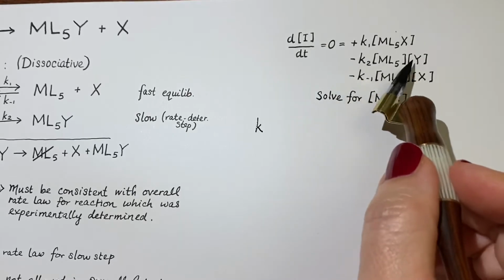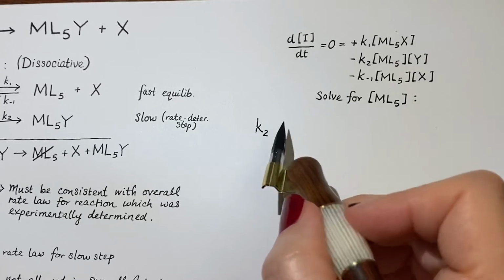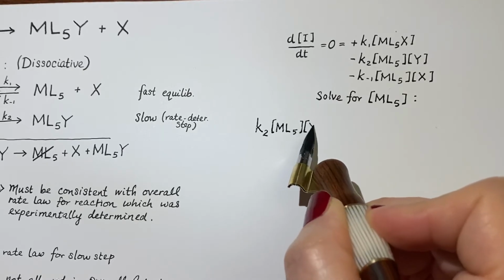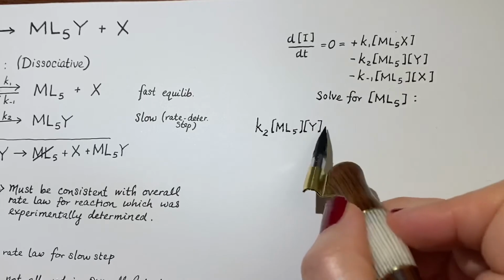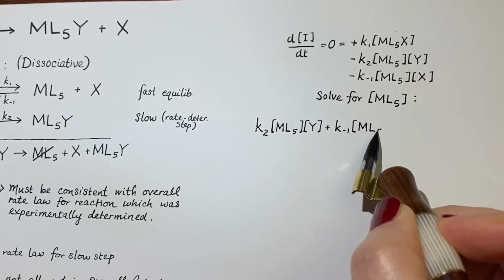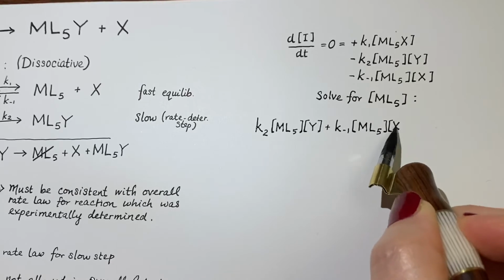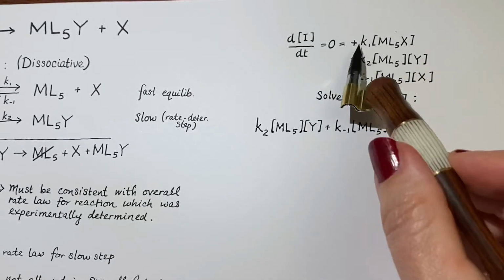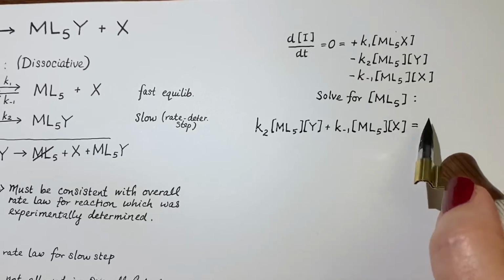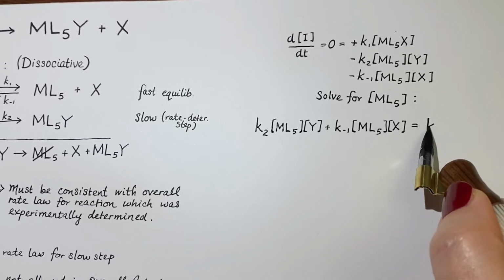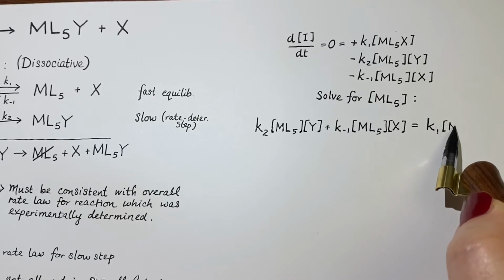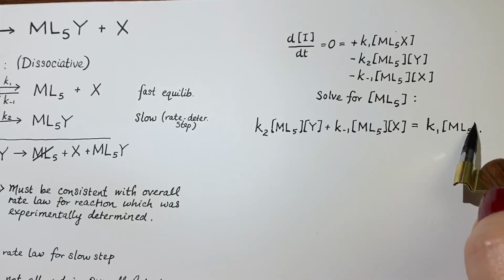So I'll add this over to this side, so it's positive: k2 ML5 Y. Let's add this one: k-1 ML5 X. And that leaves behind this one, so just leave that one on the right side. We know it's positive, so I'm just going to drop that positive sign: k1 ML5X.